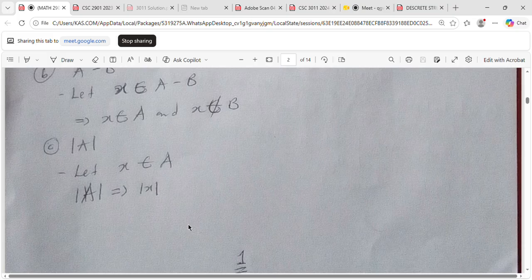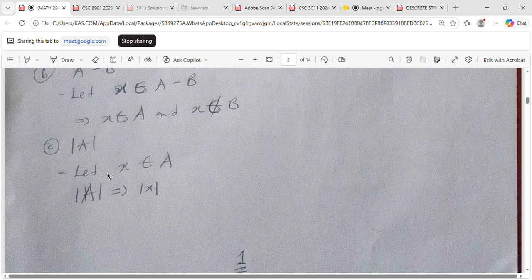Then cardinality. Okay, so always define some set. This is a non-empty set, very important. I think in one of the papers that I shared as a solution, we are putting the statements.